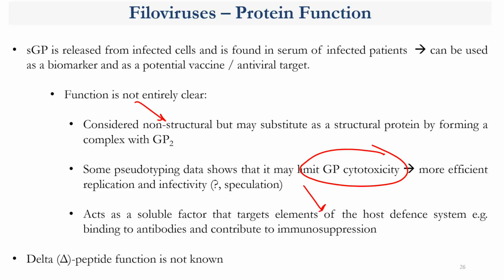And if it occupies all the antibodies, or most of the antibodies, are you going to get a good response against the virion? Yes or no? If your antibodies are all occupied with this secreted peptide, what's going to happen? They may not recognize the actual virus as well. So it can contribute to immunosuppression.